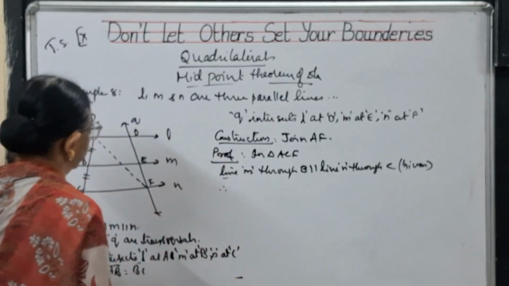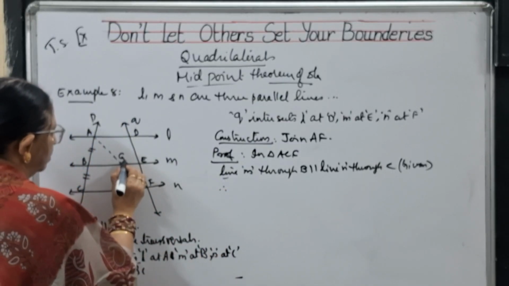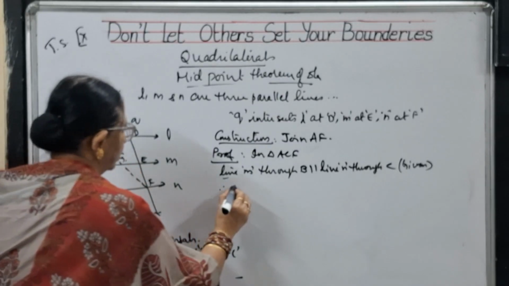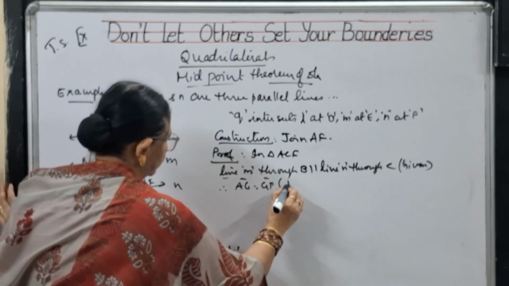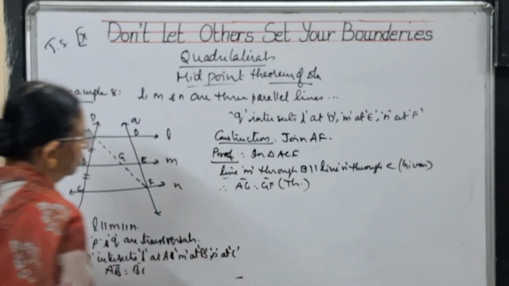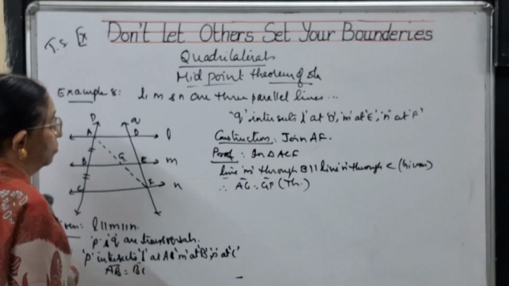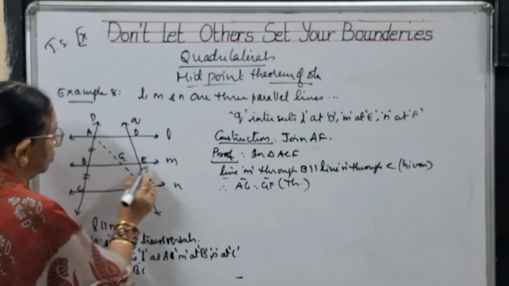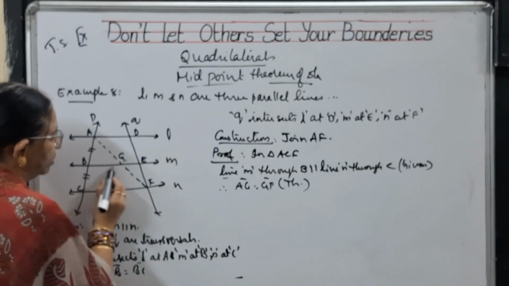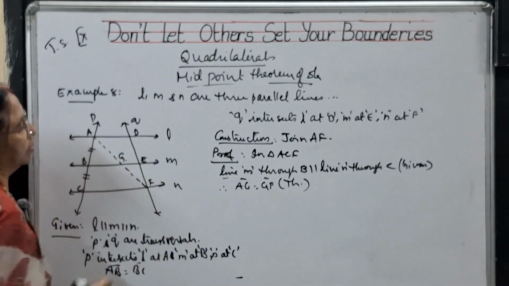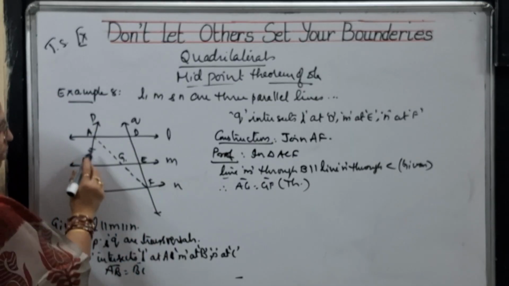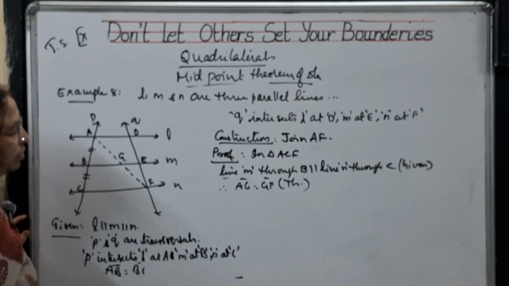Therefore, let me call this point G. Therefore, AG is equal to GF basing on the theorem. Just now we have done a theorem. What is that? If a line is drawn through the midpoint of one side of a triangle parallel to the second side, it bisects the third side. So AG is equal to GF.